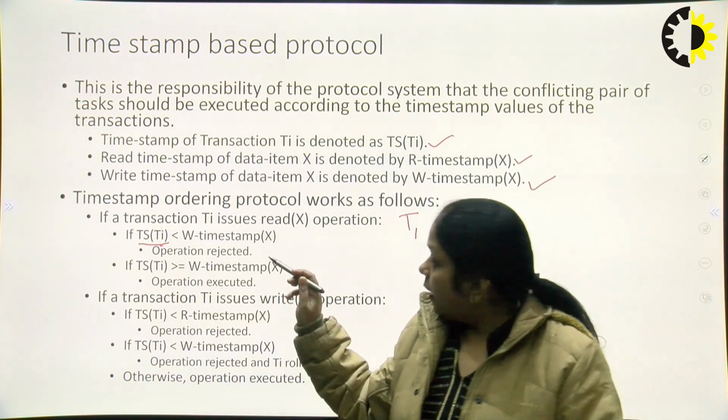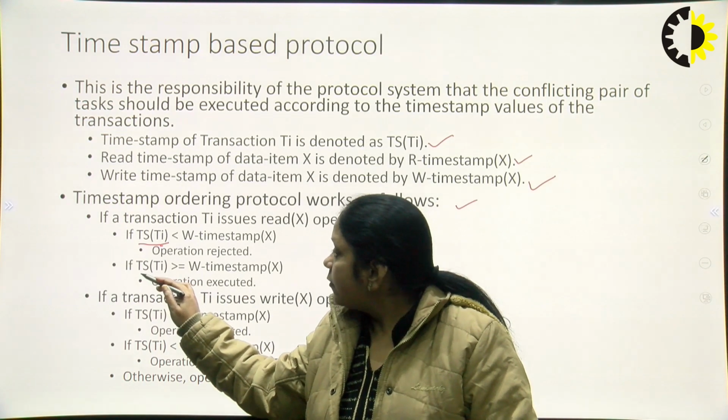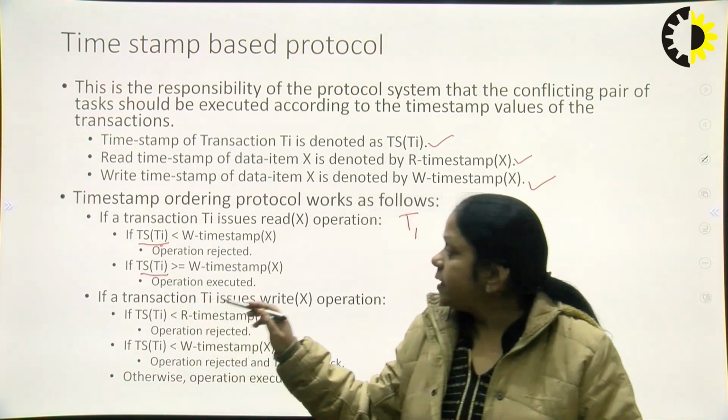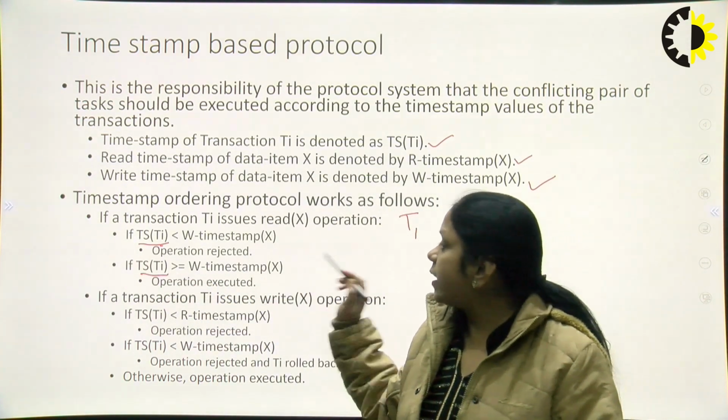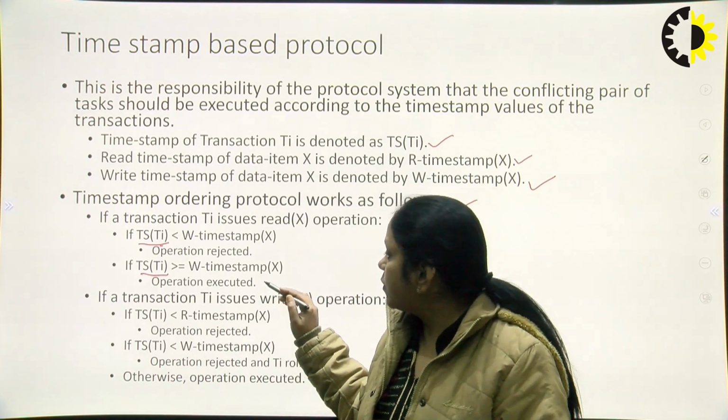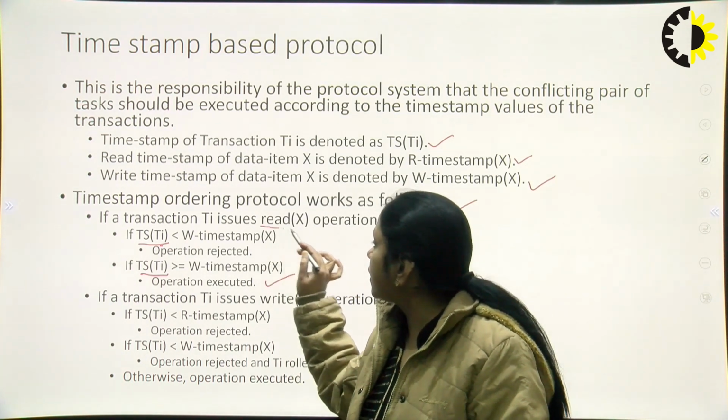If the timestamp value of Ti is greater than or equal to the write timestamp value, then the operation will be executed. This is the rule for the read operation.